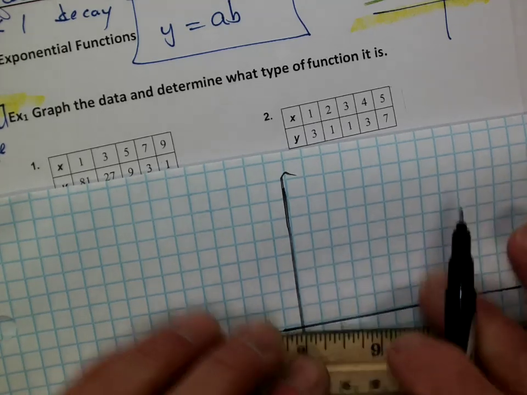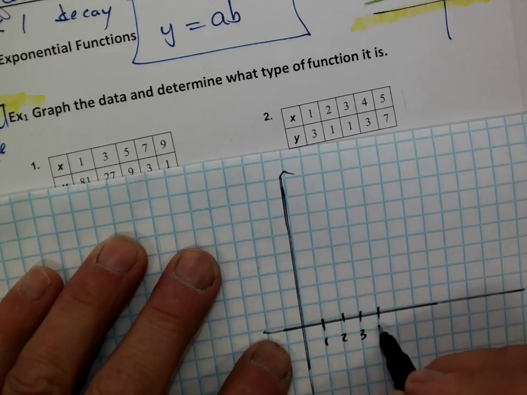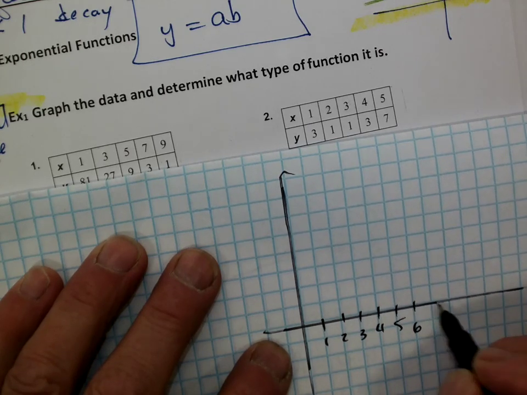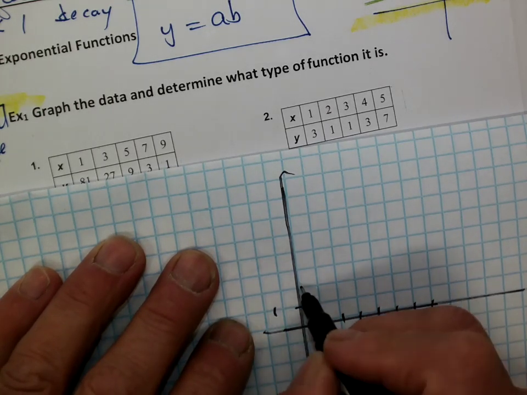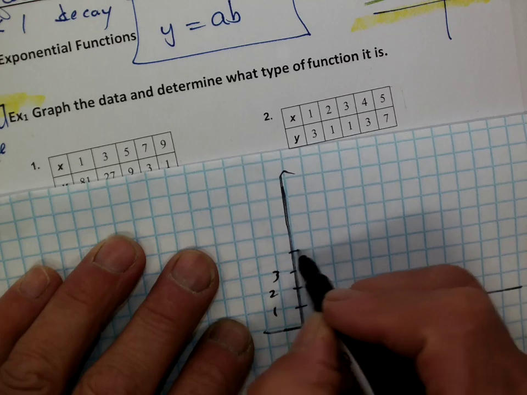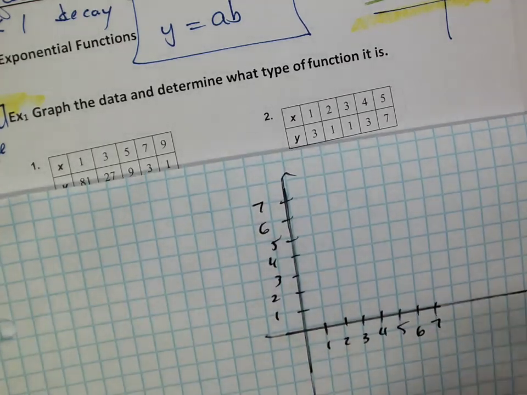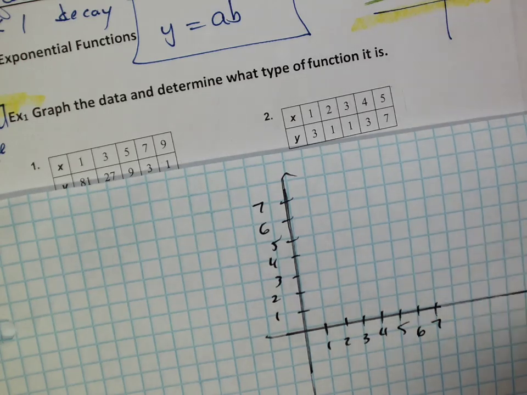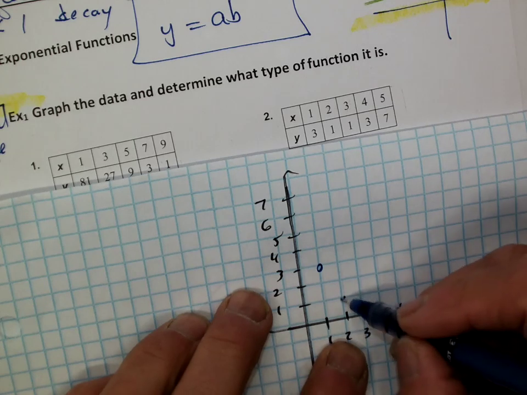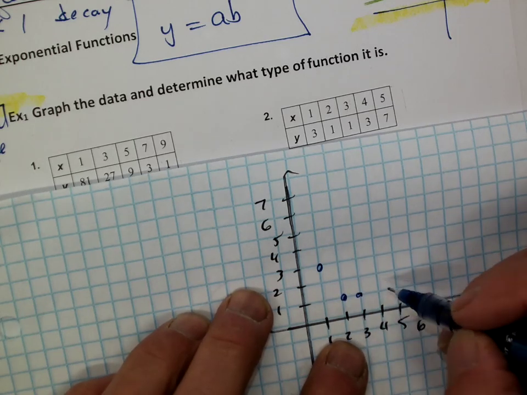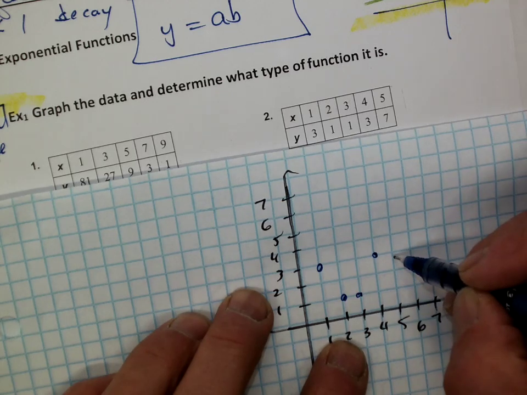Don't slop through things. 1, 2, 3, 4, 5, 6, 7, and probably go by 1, 2, 3, 4, 5, 6, 7. Do my scatter plot. 1 is up at 3. 2 is 1, 3 is 1, 4 is 3, 5 is 7.